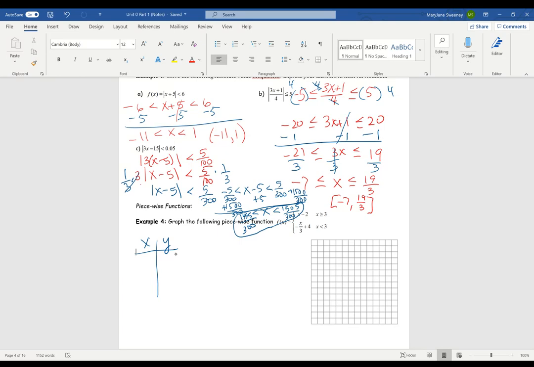So x is greater than or equal to 3 means we start with 3, 4, 5. And then we're going to put 3 in for x. 3 minus 2 is 1. 4 minus 2 is 2. 5 minus 2 is 3. Because remember, f of x is y.